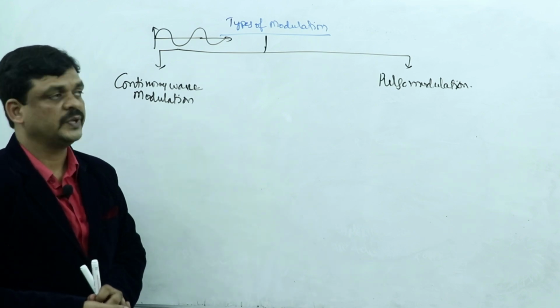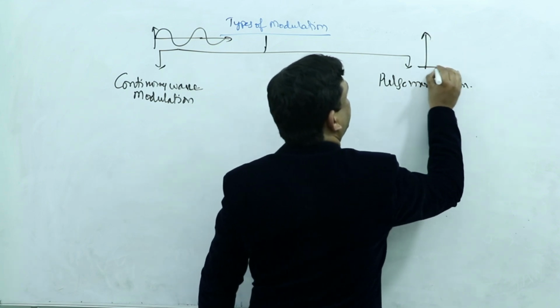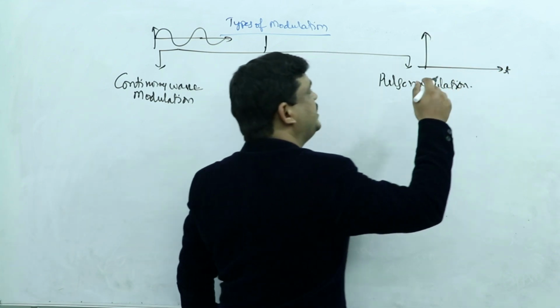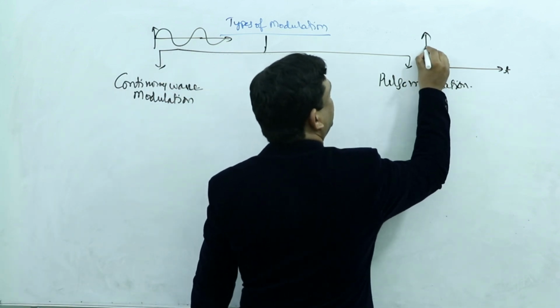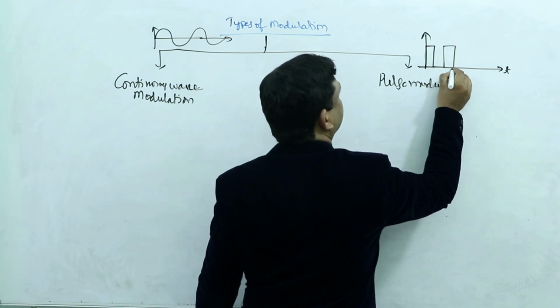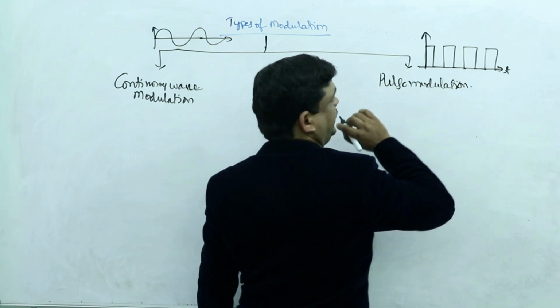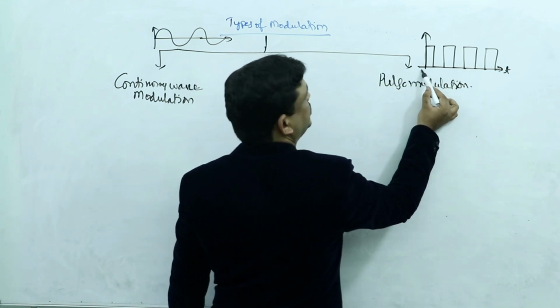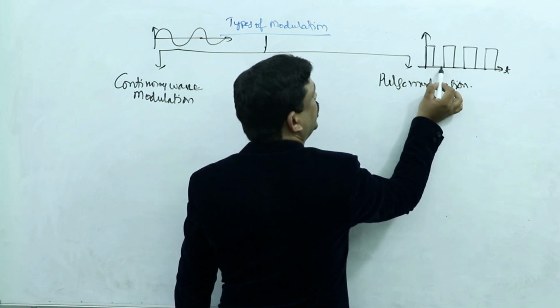Now if the carrier signal is a continuous wave signal, then the modulation process is called continuous wave modulation. And if the carrier signal is a pulse signal, here the time axis is continuous but the amplitude is discrete. The amplitude has only a few levels, high level and low level.